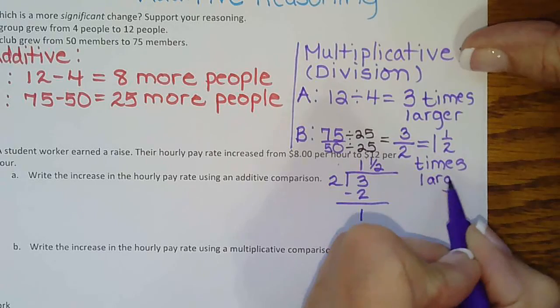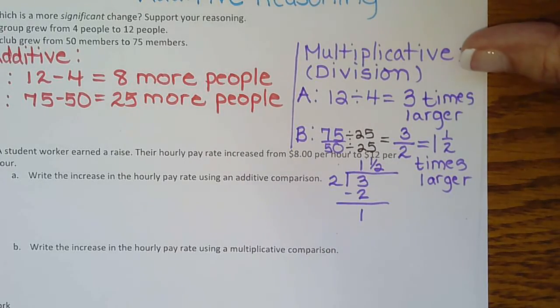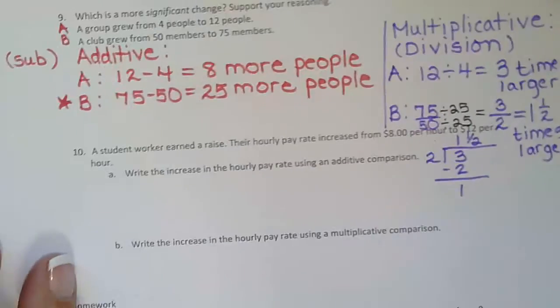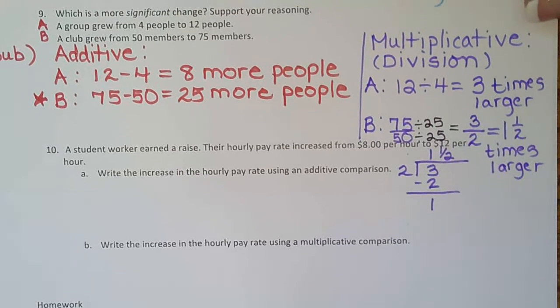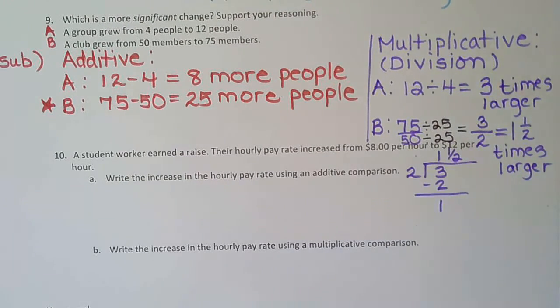So using multiplicative reasoning, which I think is more applicable, it's kind of like if someone makes $20,000 a year and someone else makes $100,000 a year, and they both get a $20,000 raise. Which person do you think had the most significant raise?